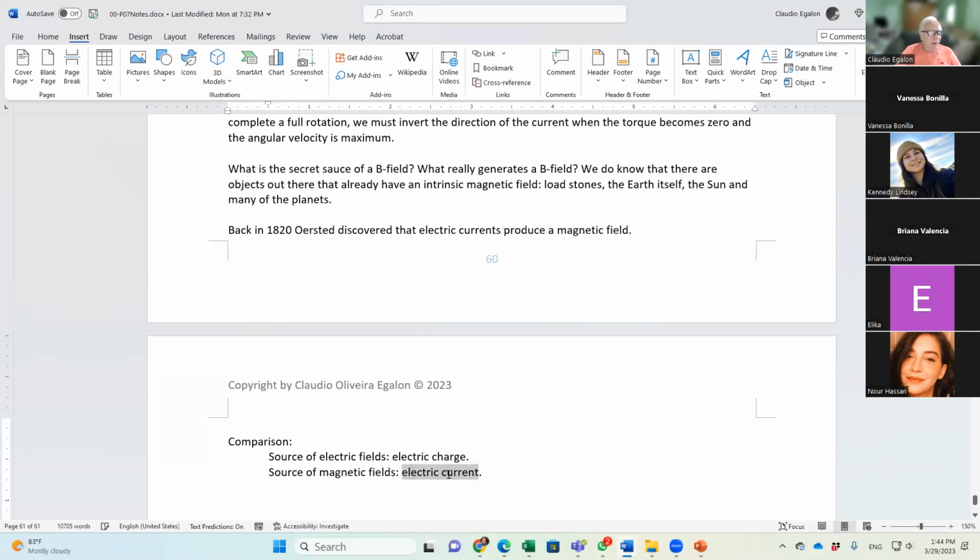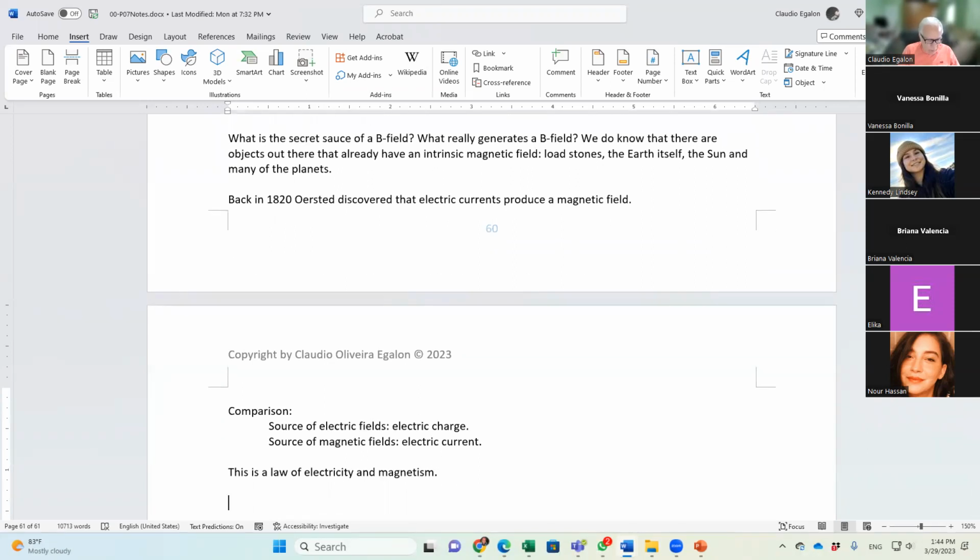An electric current is just electric charges in motion. That's what you have to know. This is a law of electricity and magnetism. Let's say a third one, even a fourth one.